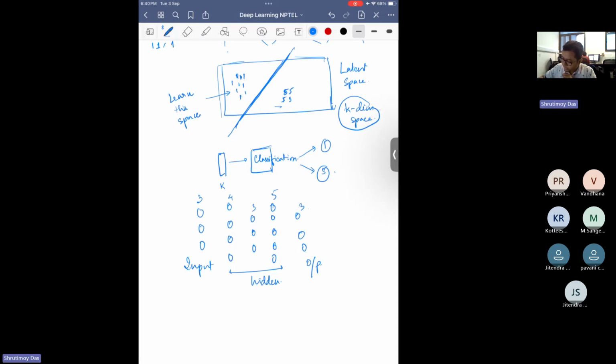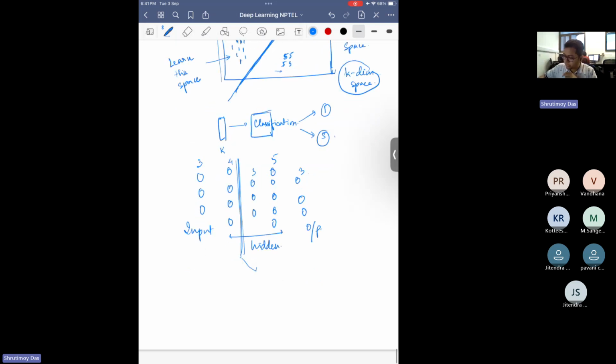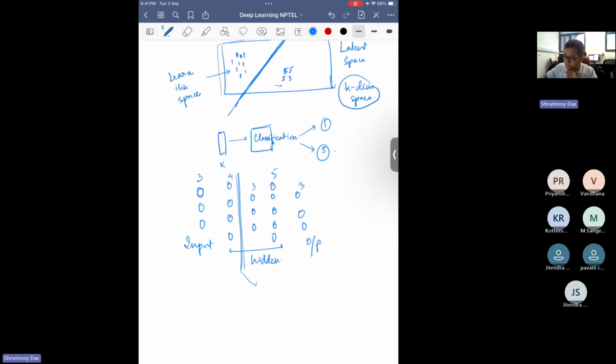If I cut this network at this point and look at these representations, originally my points were in three dimensions, now my points are in four dimensions. We look at how these points are spread out in this four-dimensional space.